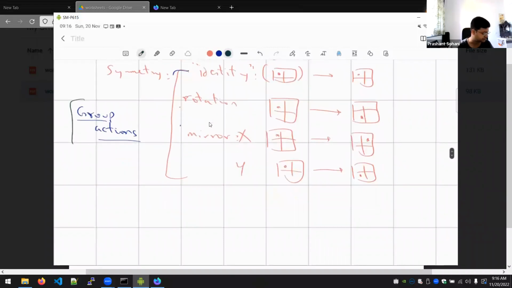There is a book called Enumerative Combinatorics, and that covers this very systematically with all the theorems and proofs.